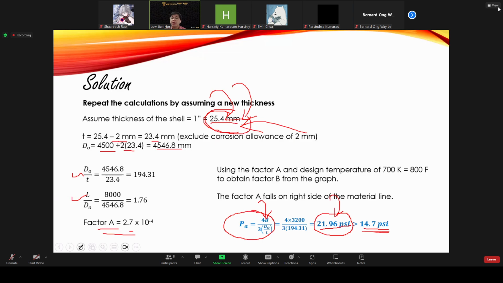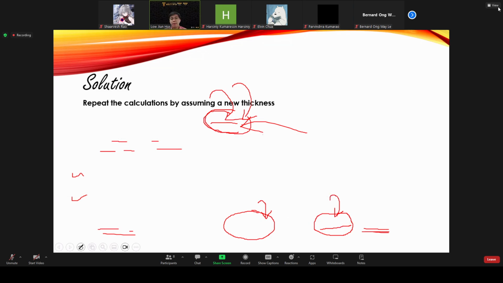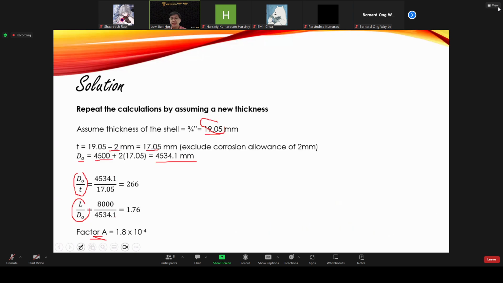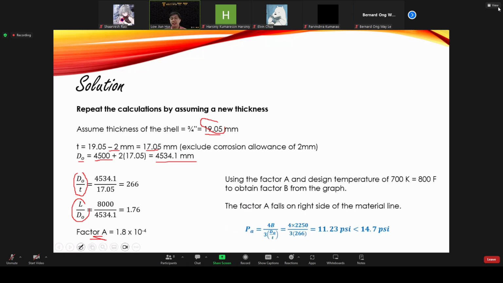So you can try to adjust again to reduce the thickness to make sure the thickness is strong enough. And the suitable thickness can actually be selected between 25.4 millimeter and 19.05 millimeter here. But you need to make sure that it's bigger than 14.7.